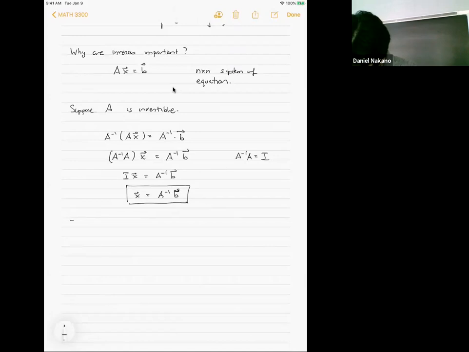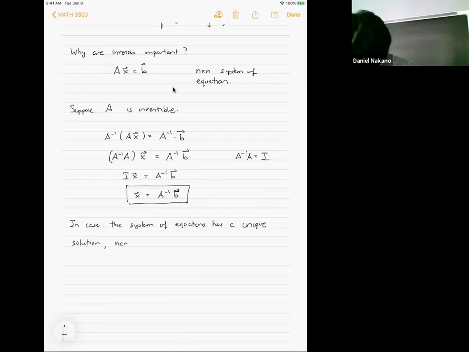So in this case, the system of equations has a unique solution.